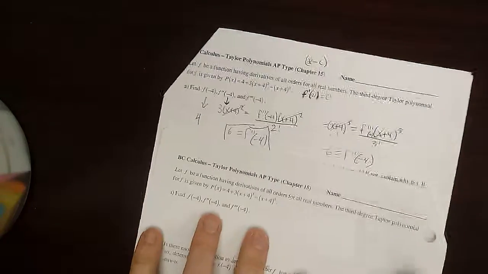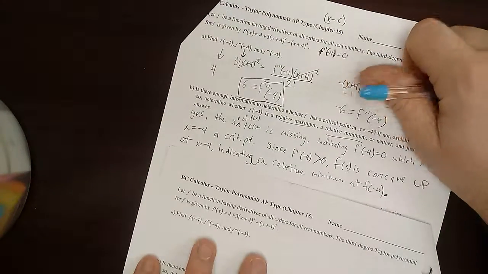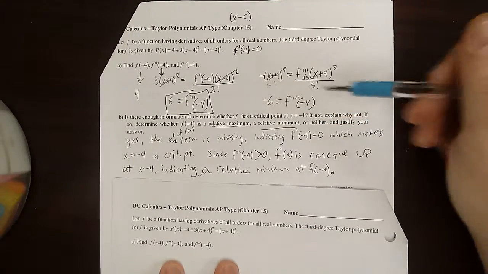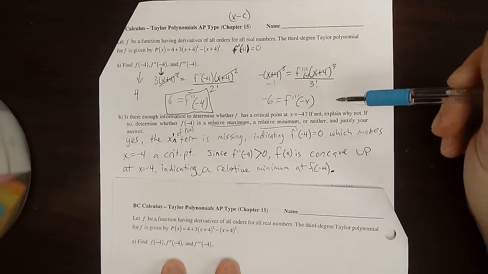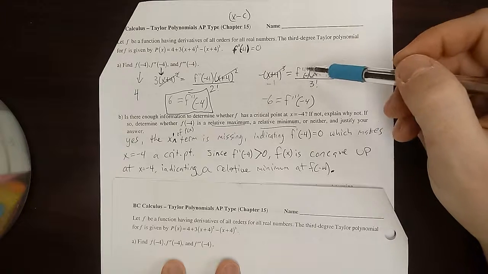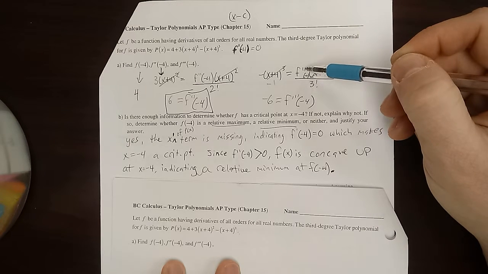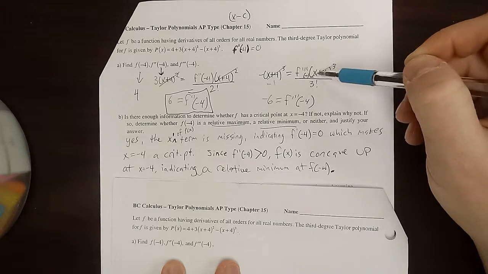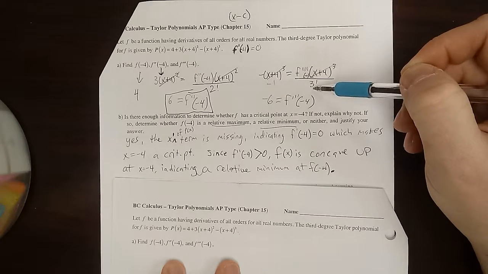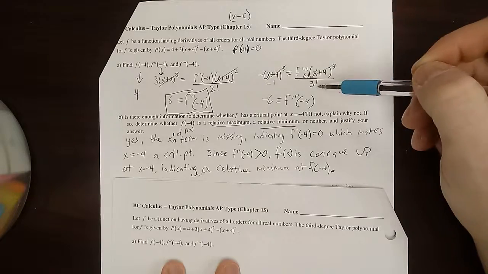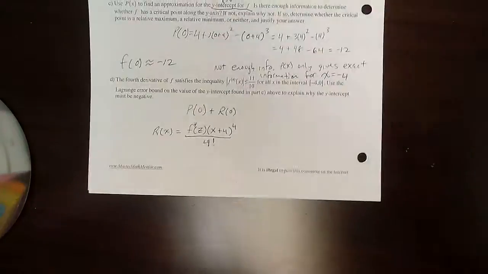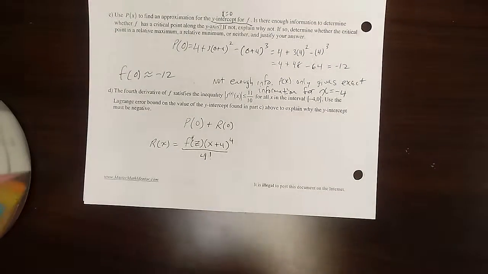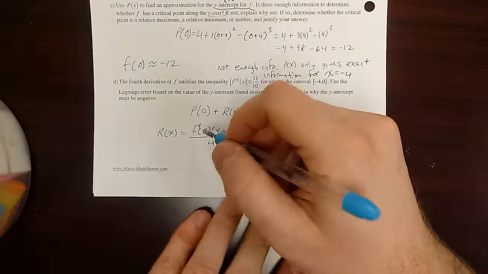To pull in stuff from the previous video, remember that each successive term has the next derivative at x equals negative 4, and then we have x plus 4 to that power over that power factorial. Now that we're on the fourth derivative, we find the remainder by taking the next derivative.